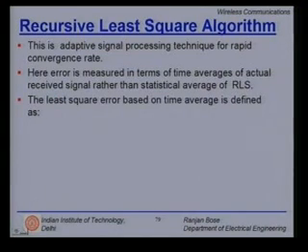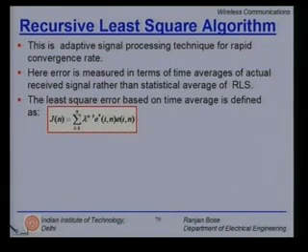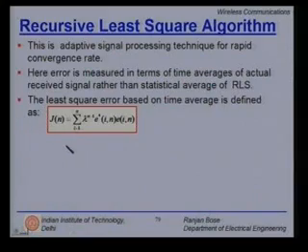Here the least square error based on time average is defined as follows. So, this is what we have to minimize. See, in the LMS algorithm, if the eigenvalues of the input covariance matrix vary too much, that is, lambda max over lambda min is much greater than 1, it will take a long time to converge. So, we have to address that, which is done by the RLS algorithm.